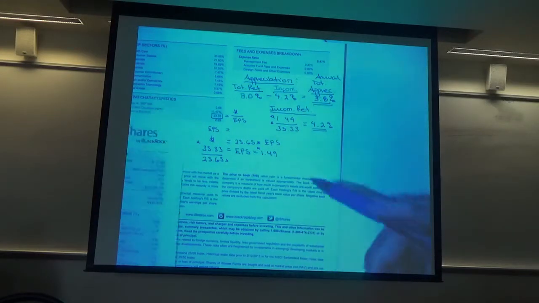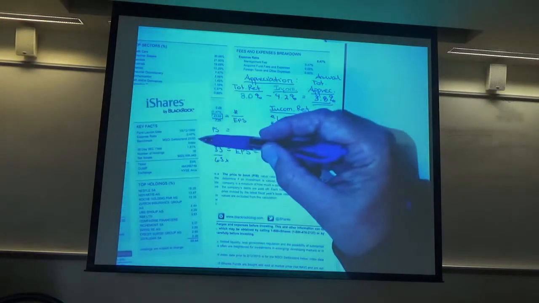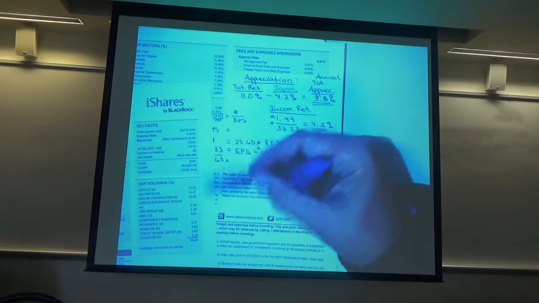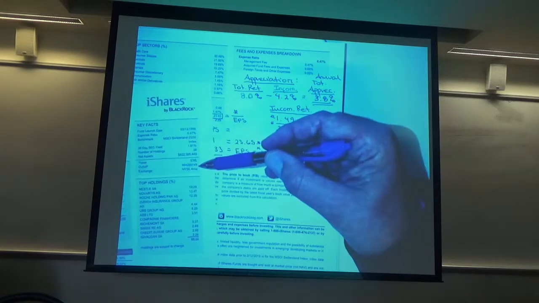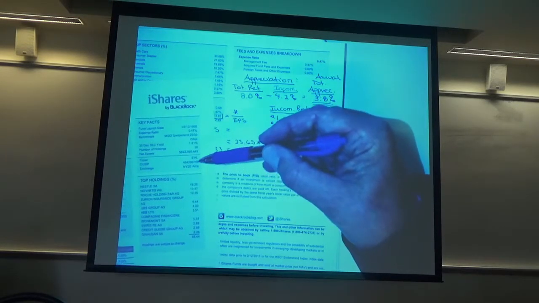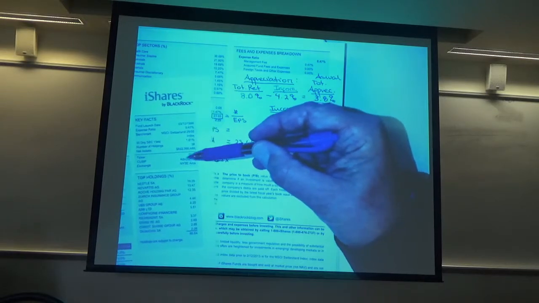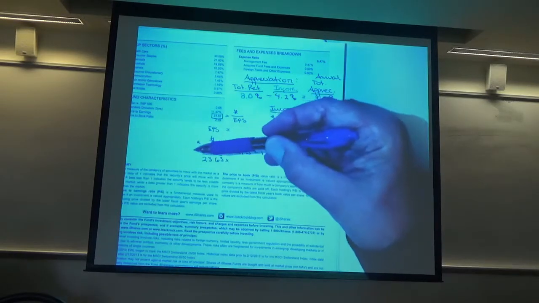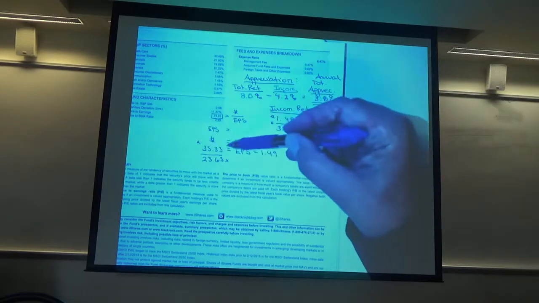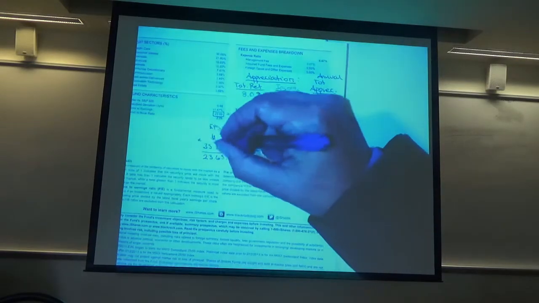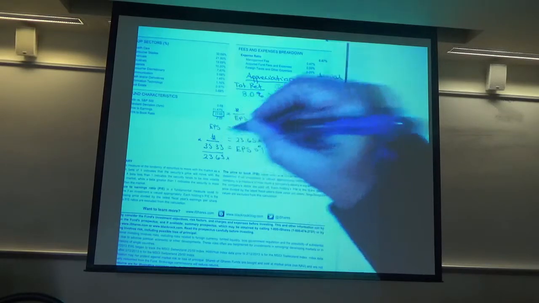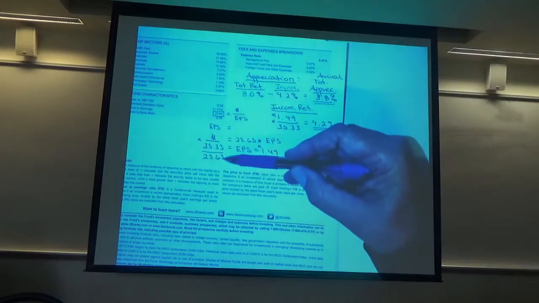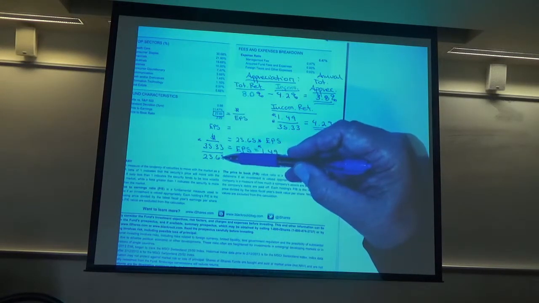It doesn't give it to you on here, which is pretty surprising, that they don't give you the price per share for the ETF. Okay, so I had to go onto the website, and I'll show you that in a second. So I found that the price of the ETF is $35.33. I knew that the earnings per share was $23.65.